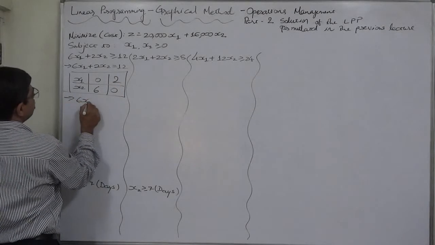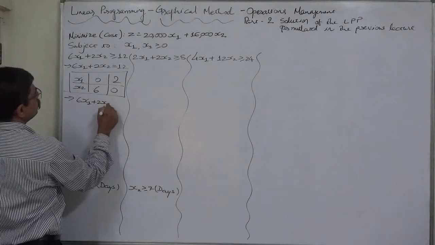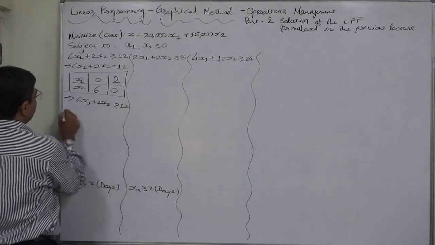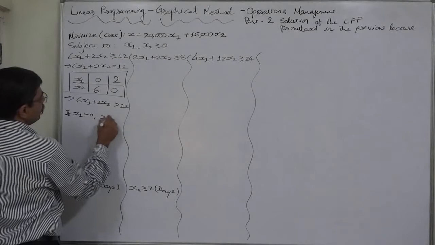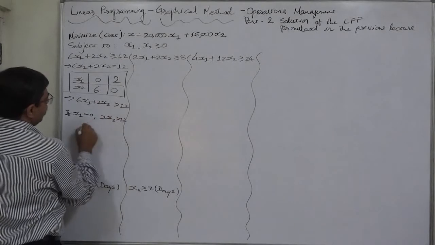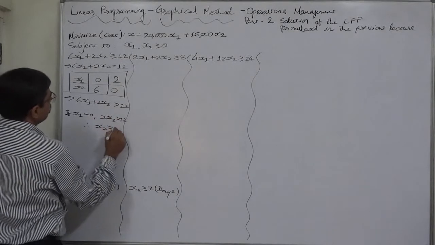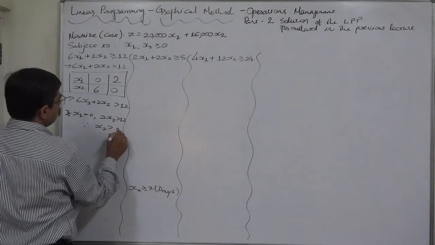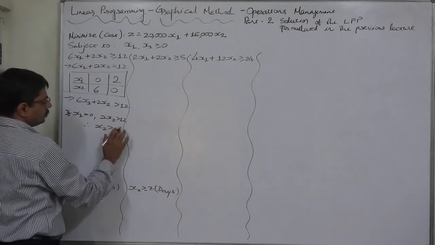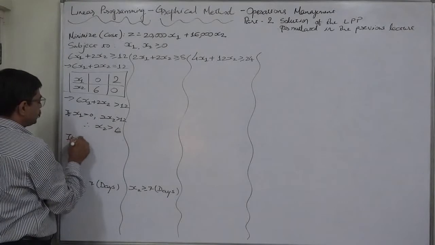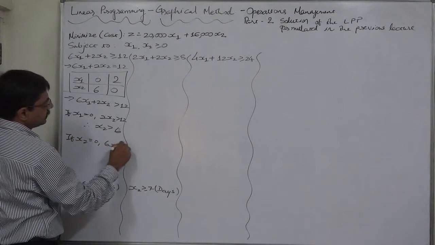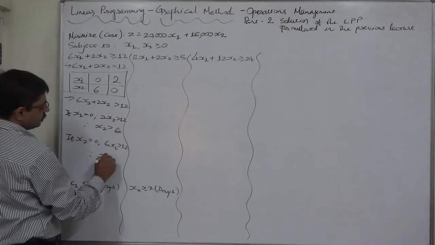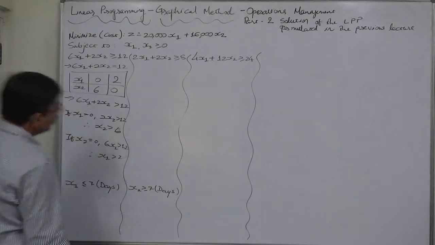The inequality part will be 6x1 plus 2x2 greater than or equal to 12. If x1 equals 0, 2x2 will be greater than 12 and hence x2 greater than 6. If x2 takes value 0, then 6x1 will be greater than 12 and that means x1 greater than 2.